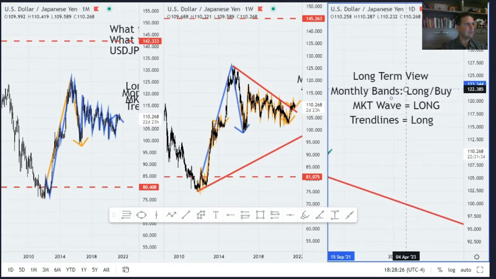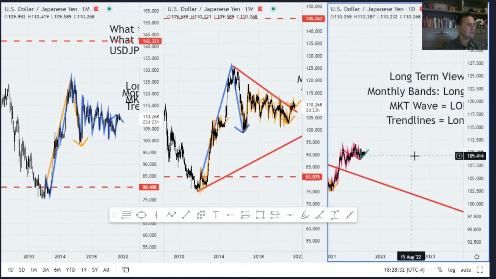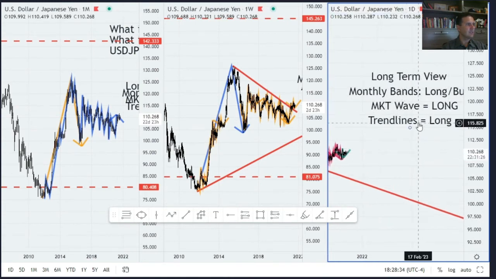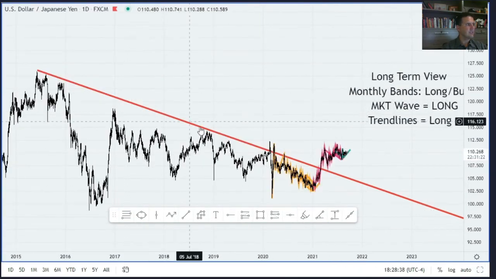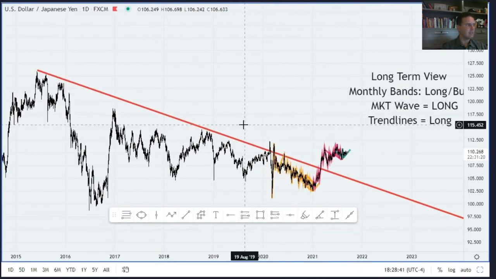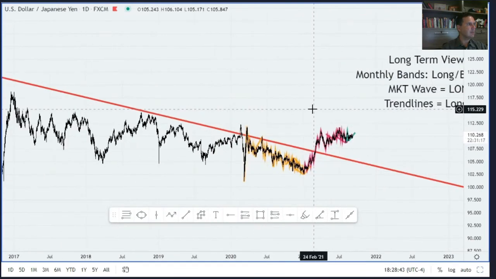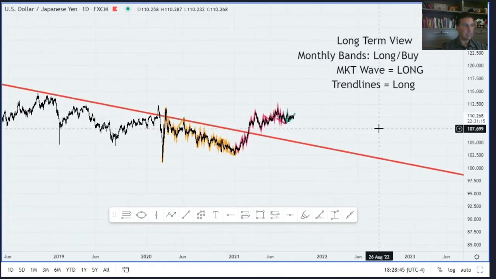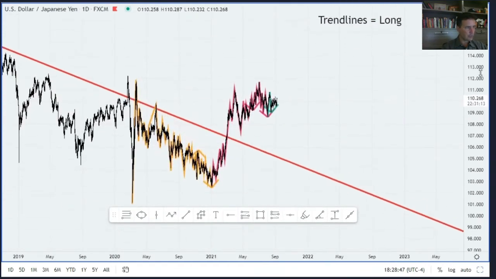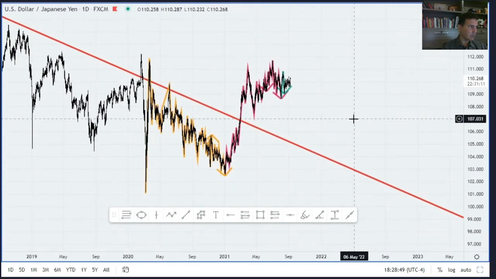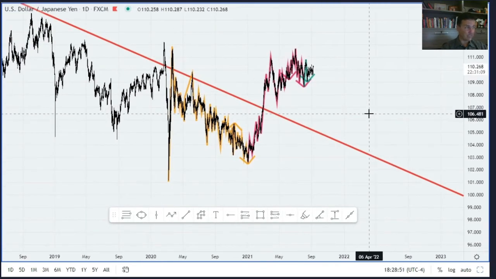Okay, so the monthly bands are long. Market wave, we didn't do it yet. Trend lines, you know. So this is the long-term downtrend line, right? Now talking about the short-term trend, now you're going to understand, everybody, why it's going to get more and more complex.